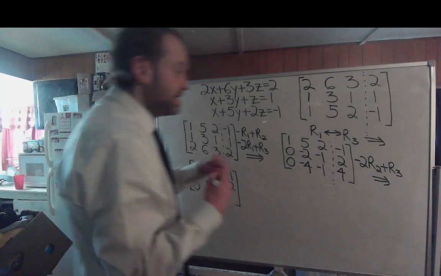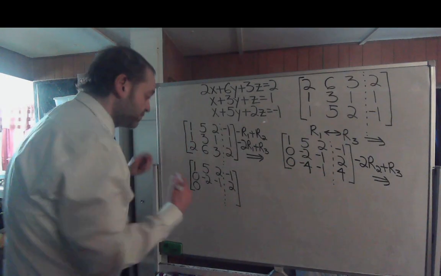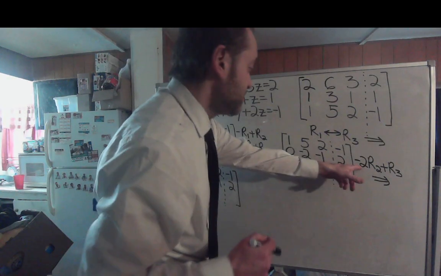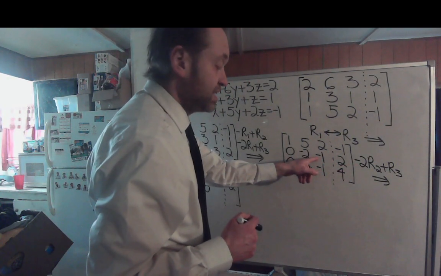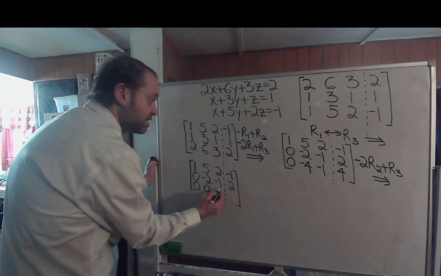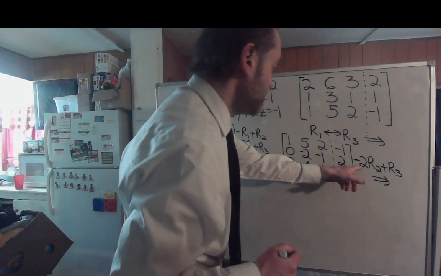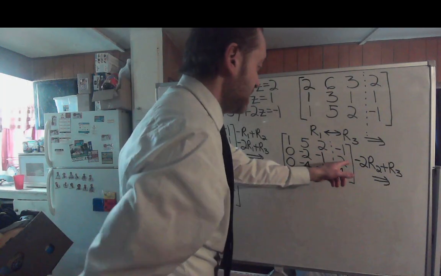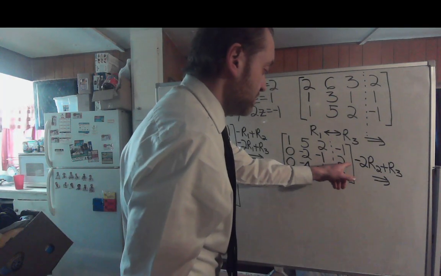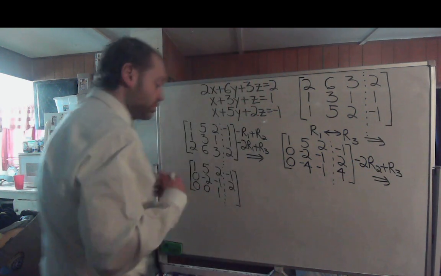Now if I take -2 times -2, I get +4, plus -4, that turns that into 0. Now if I take -2 times -1, that gives me +2, plus -1 would give me +1. If I take -2 times positive 2, that's going to end up giving me negative 4 plus that 4, which would give me 0.